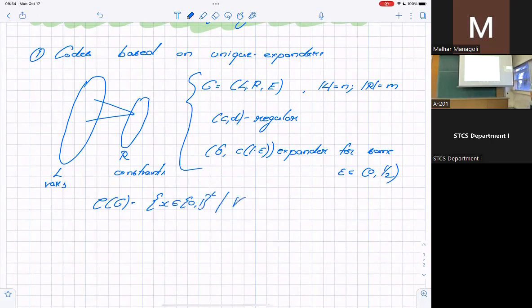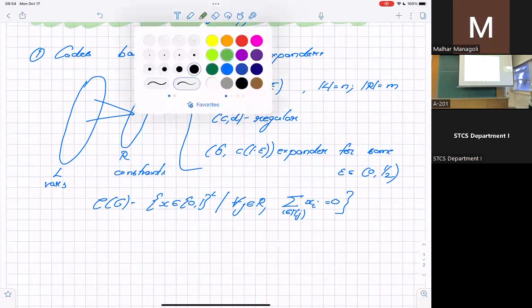It just states that for all j in the right, so every constraint on the right side, the parity of all its neighbors is 0.